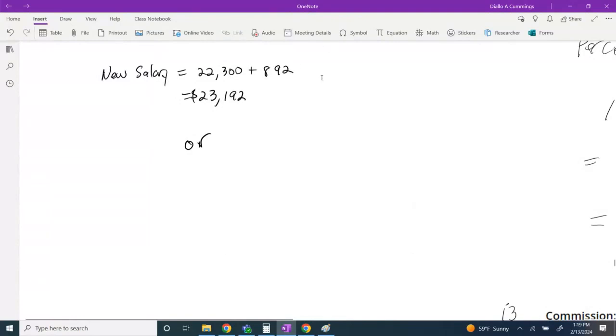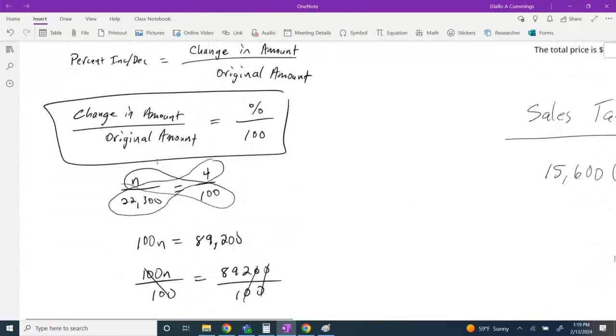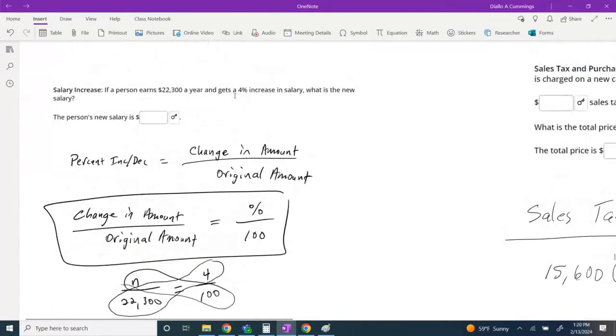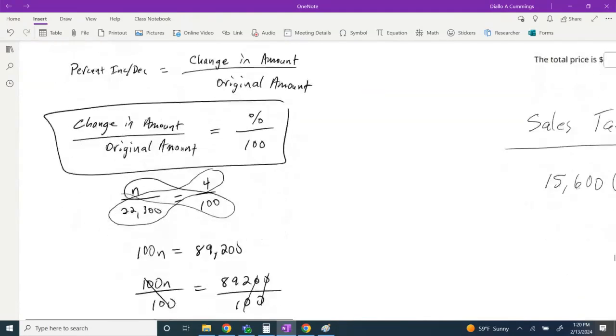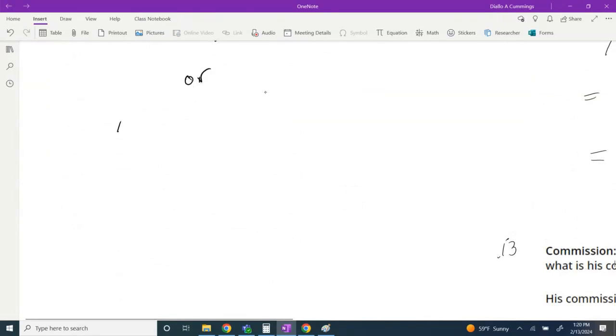Since the change in the amount was 4%, the total whole is 100%. So I want to increase that 100% by 4%. So I'm going to add those two together. 100% plus 4% equals 104%.